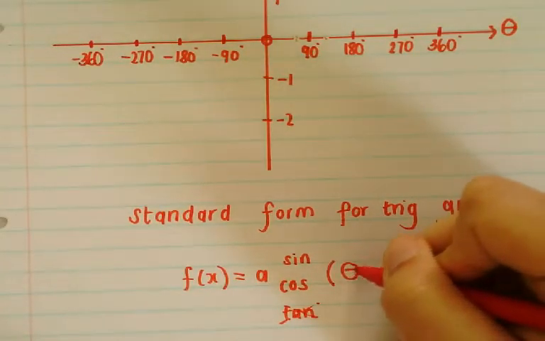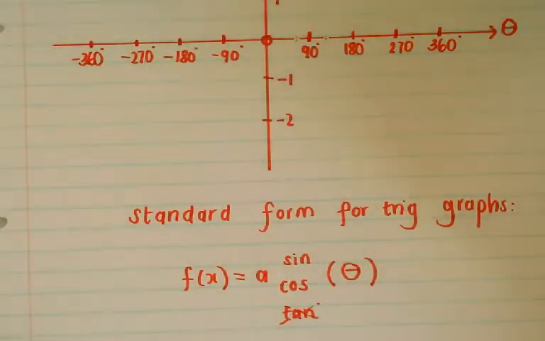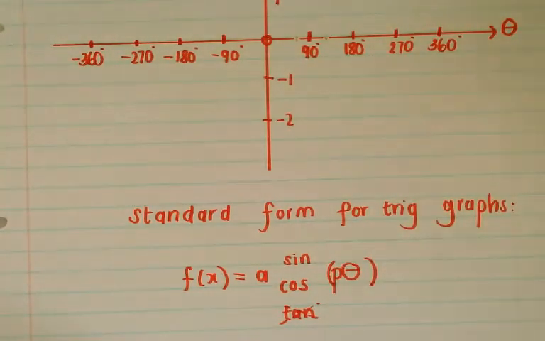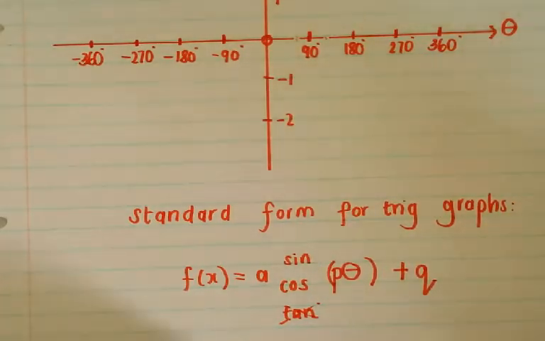Theta, now we all know that theta can have stuff in front of it, plus or minus as well. So we'll just say p theta. So I just arbitrarily called it p. And we can also have a plus or minus q for the shift. If it is at the origin, there is no shift and we would not see a value there.